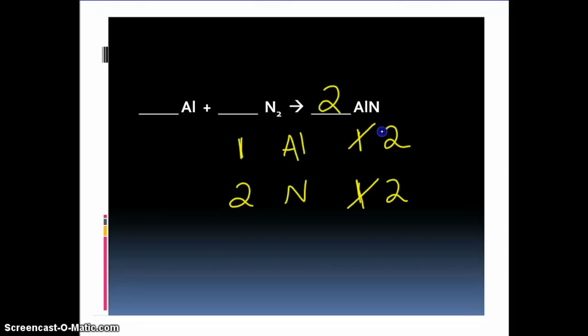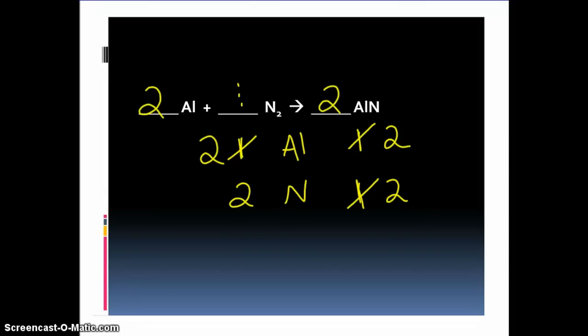Now you have 2 aluminum over here and only 1 aluminum over here. So I have to put a 2 right here. That gives you 2 aluminum. All right, now you're all balanced out. So you've got equal numbers of aluminum and equal numbers of nitrogen. Now what goes in this little hole? Well, you can put nothing there, or you can write a little imaginary 1 there. That's presumed to be a 1.